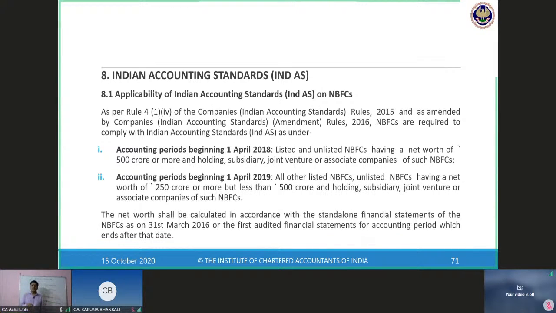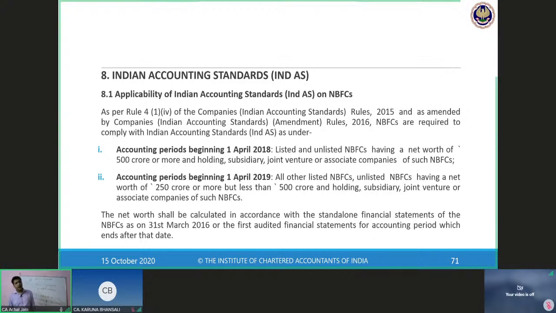For such NBFCs, if they had any holding, subsidiary, associate or JV, all of those companies were also required to follow Ind AS from 1819, irrespective of the net worth. Because this net worth criteria is only about one NBFC and any of their group companies. On the basis of this criteria, holding, associate, JV and subsidiary companies get covered under Ind AS.